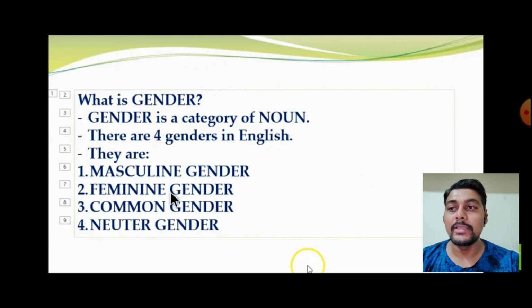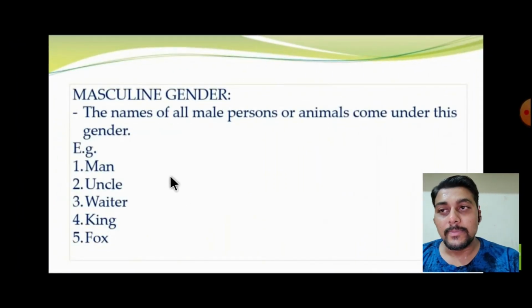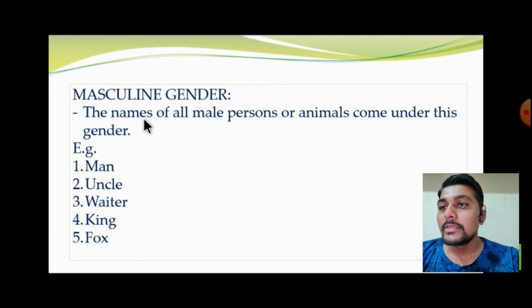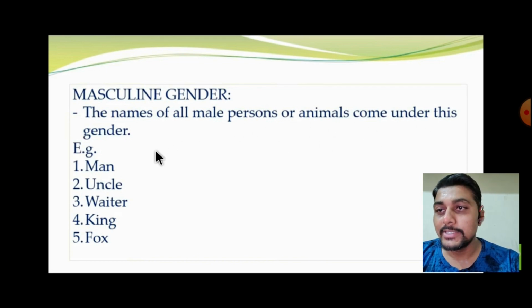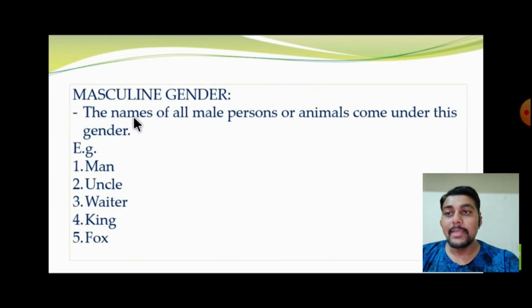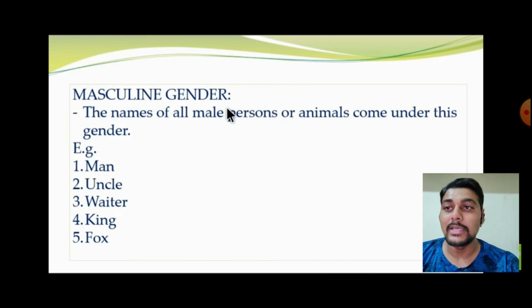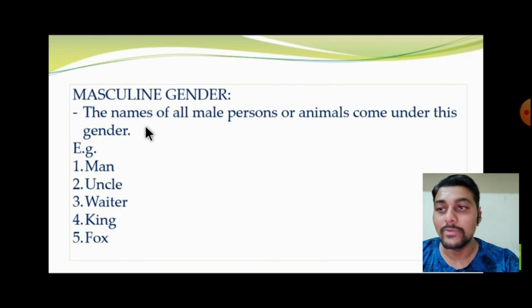So let's start with the first one. The masculine gender definition is: the names of all male persons or animals come under this gender. Understand? One more time, the names of all male persons or animals come under this gender. These are called masculine gender nouns.